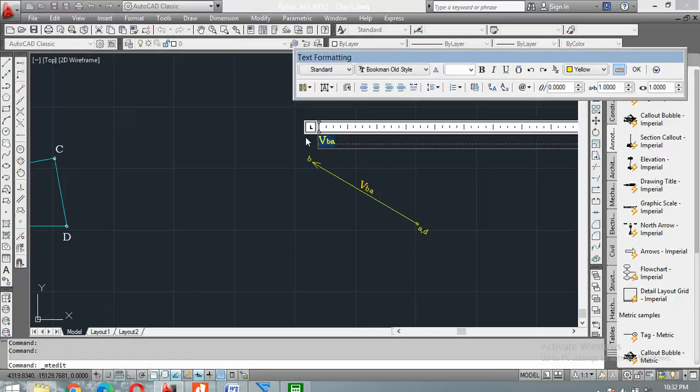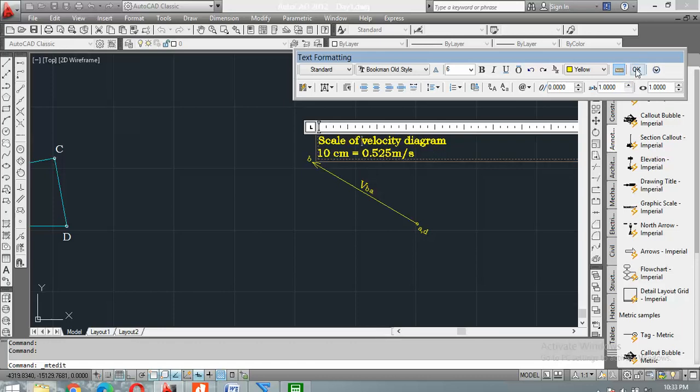So I am writing the scale of the velocity diagram, that is 10 centimeter is equal to 0.525 meter per second. Chalo, so this will be my scale of the velocity diagram.